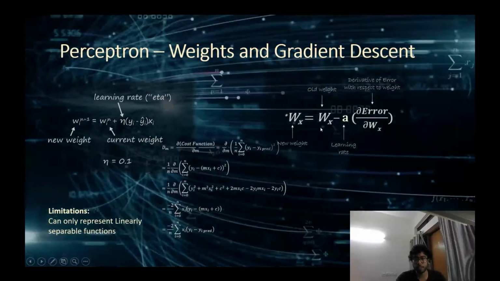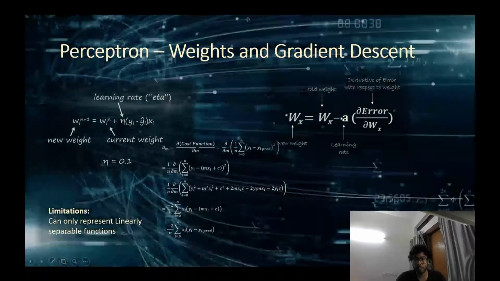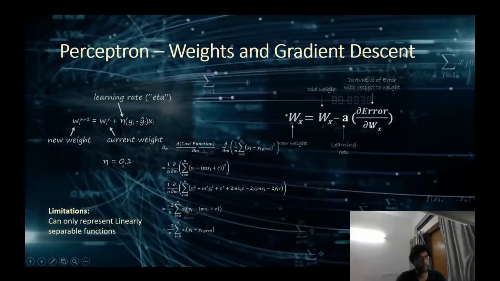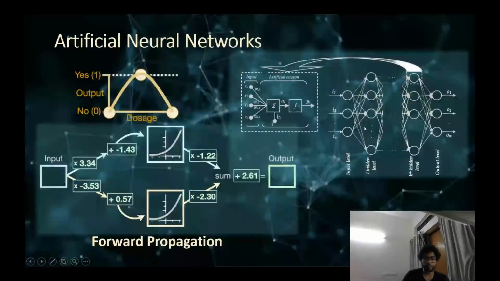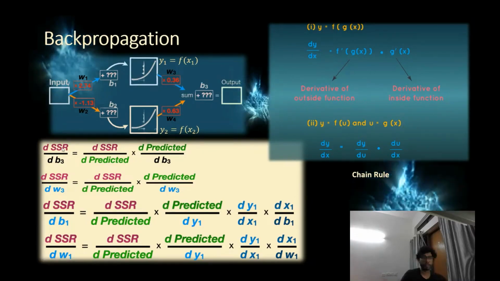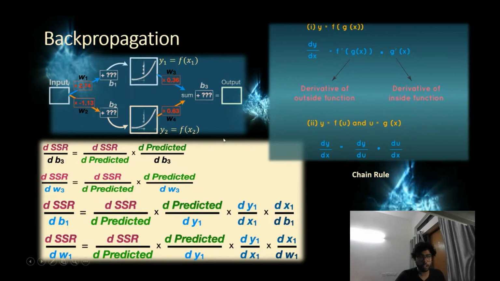So B3 new weight would be B3 old weight minus some learning rate times the derivative of SSR with respect to B3, right? Now it has become more complicated than a perceptron model because here you have many other networks. So in order to calculate the derivative of SSR with respect to B3, you need to apply the chain rule.